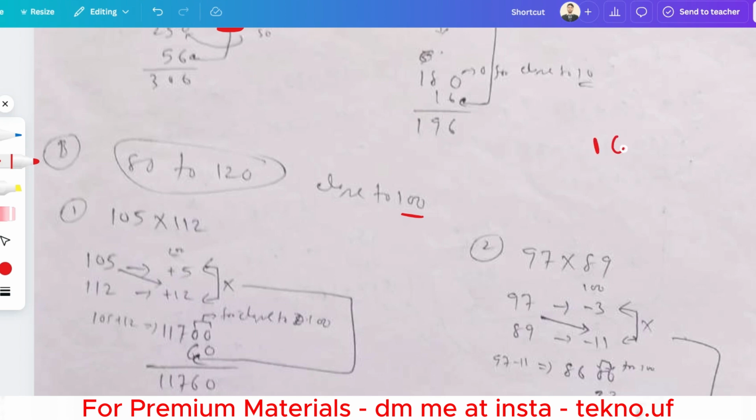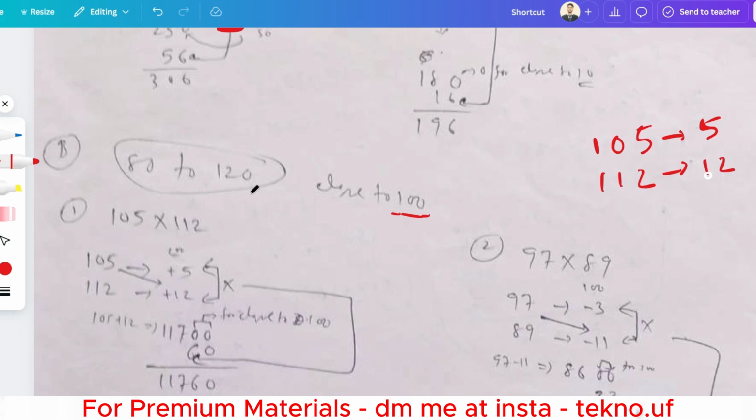I hope this is visible, guys. 105 and 112. Here you have to just think that the number 100 is the base number close to these. So this is 100 plus 5, and this is 100 plus 12.